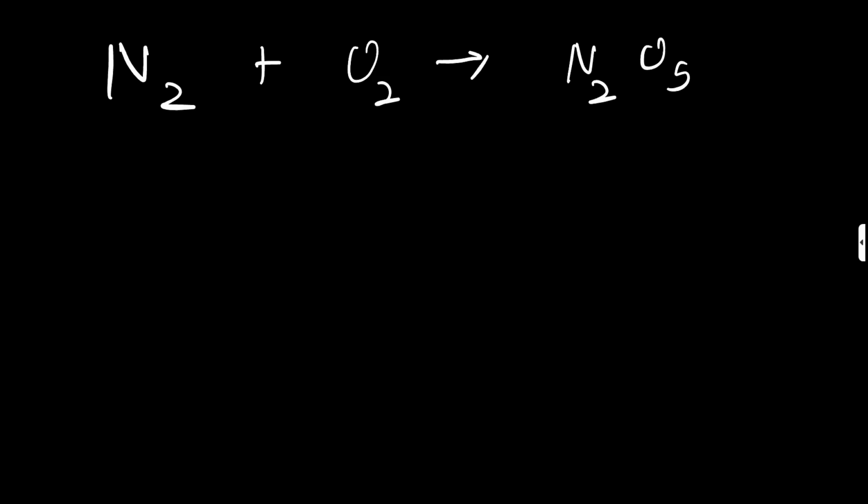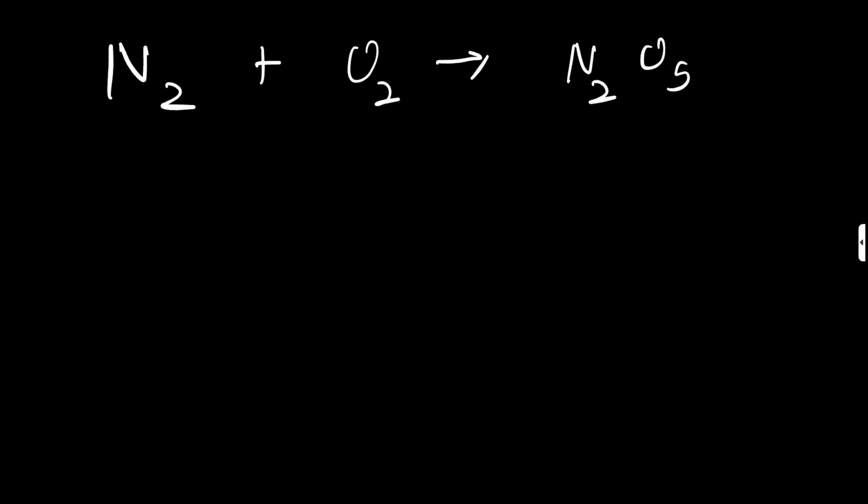So let's say we have a chemical equation like this. Mixing nitrogen and oxygen here will give us N2O5. The first thing we need to talk about is stoichiometry, and we're going to use stoichiometry to do calculations.